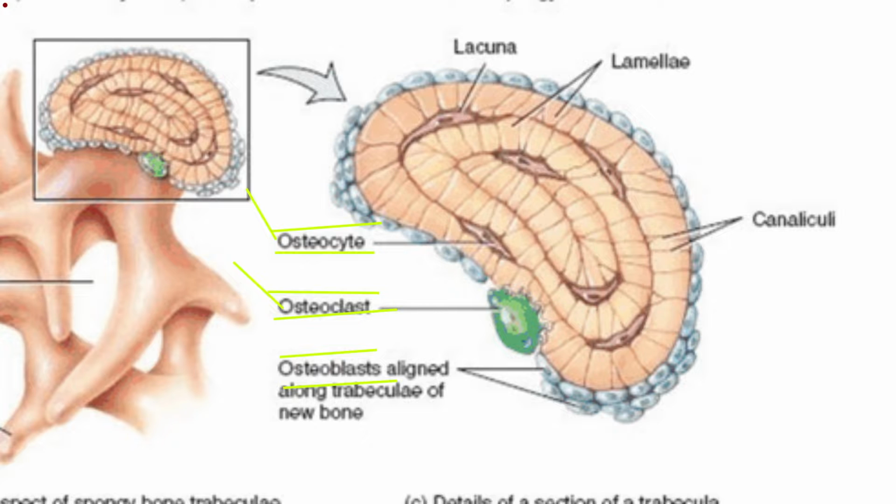Osteoclasts, C-L-A-S-T-S, break bone down. And osteoblasts, B-L-A-S-T-S, build bone.